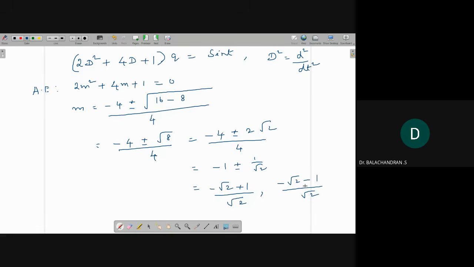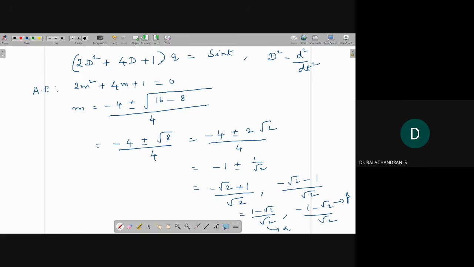Or you can write this as 1 minus root 2 by root 2 and minus 1 minus root 2 by root 2. So this is alpha, this is beta. So the roots are real and distinct.